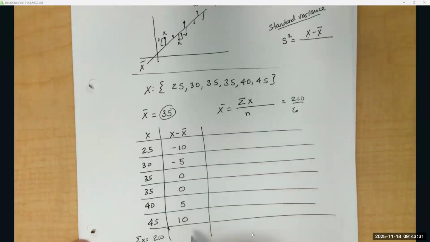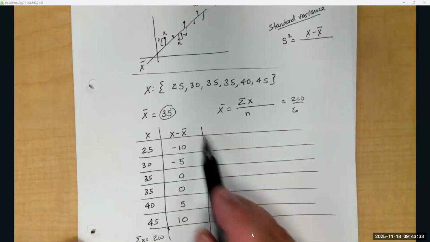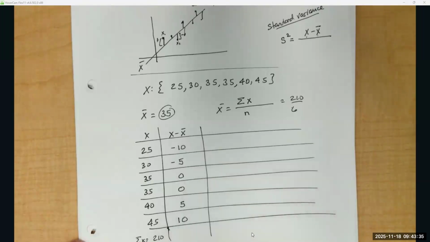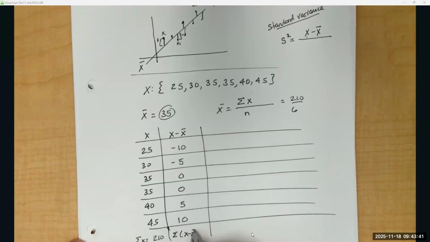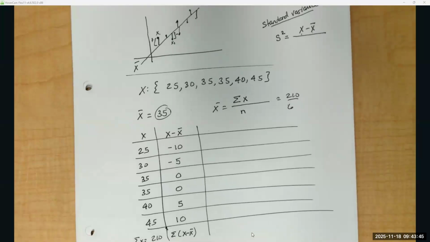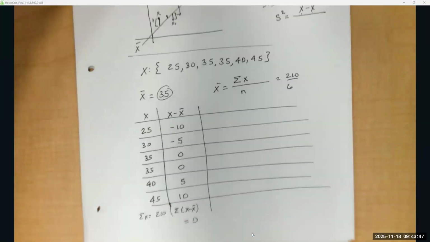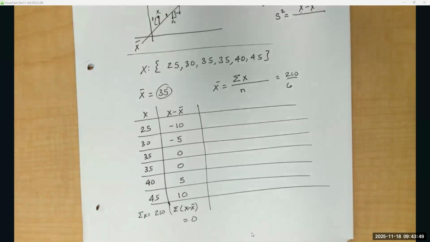These are all our distances. If we add all these up, what do we get? We get 0. We should get 0.